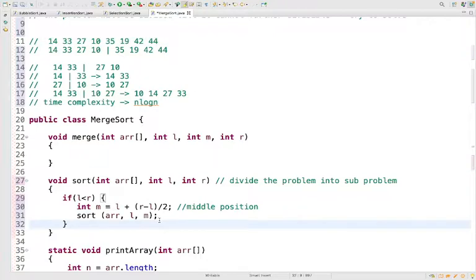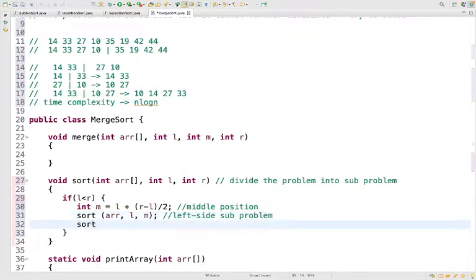Similarly, this is for the left side subproblem, and for the right side subproblem we will send the array, m plus 1 and R. So we are calling them recursively, basically to divide the problem into multiple subproblems.